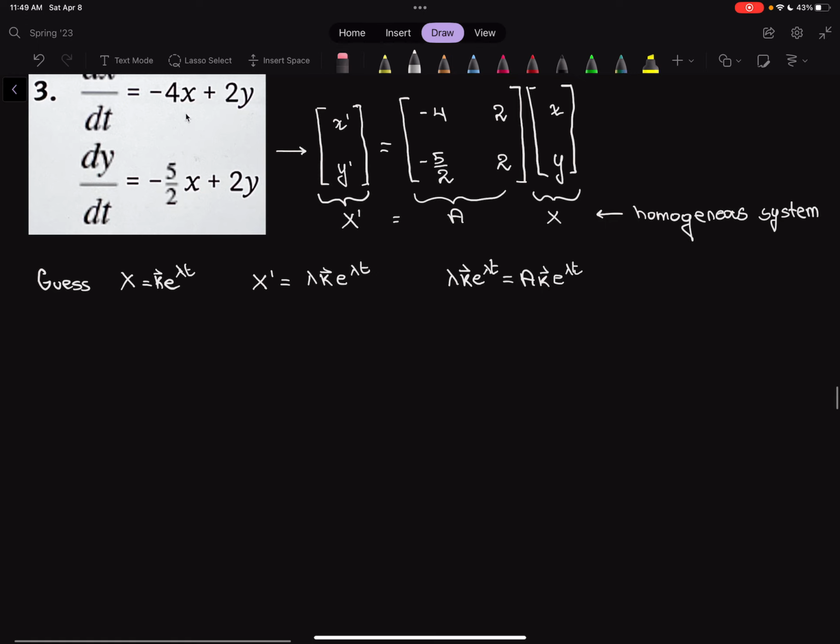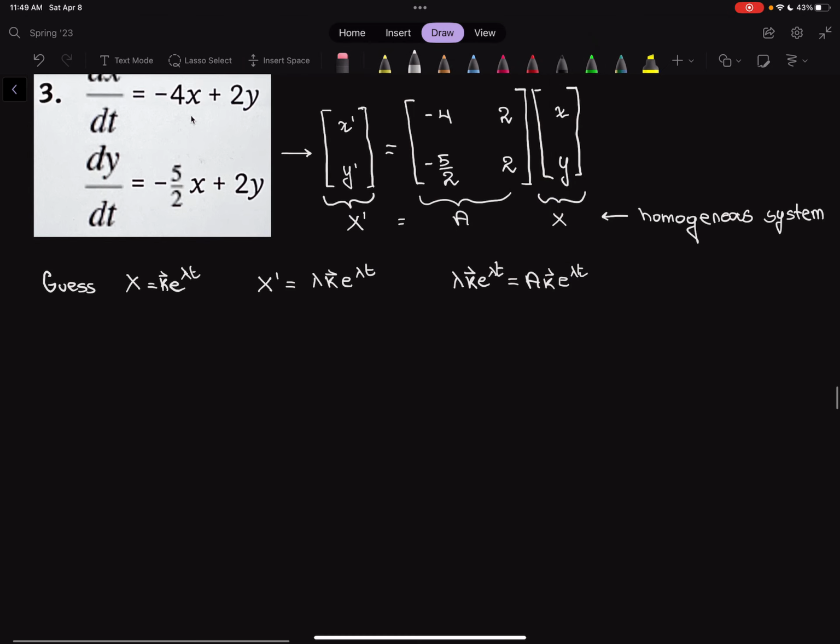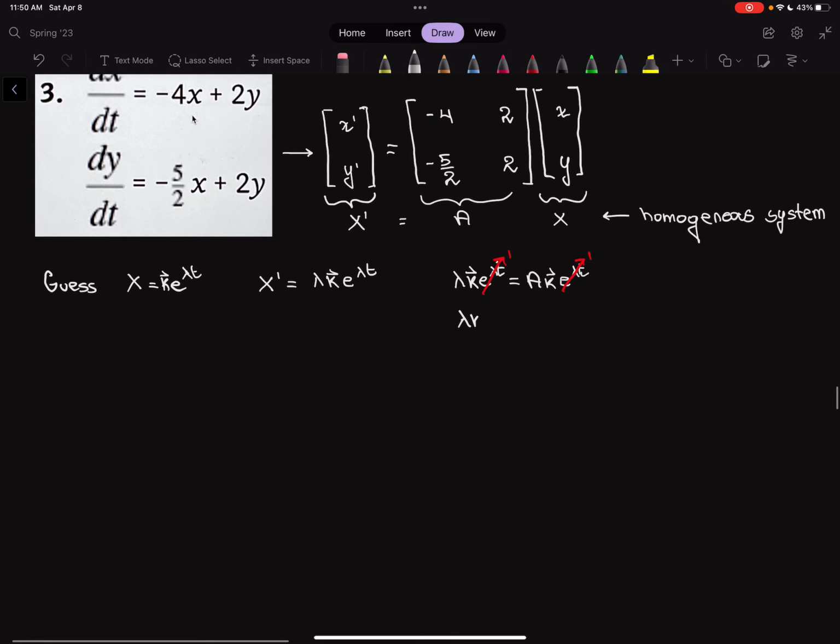Okay, well, the first thing I notice is that e to the lambda t is never equal to 0, because even when t is equal to 0, e to the 0 is still 1. So we can divide both sides by e to the lambda t. Sorry, this would be a 1, and this would be a 1. And then we have the following equation.